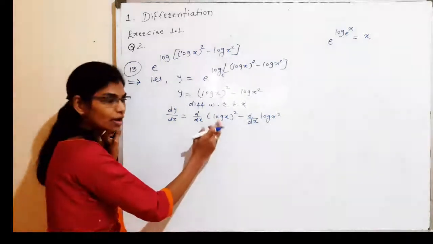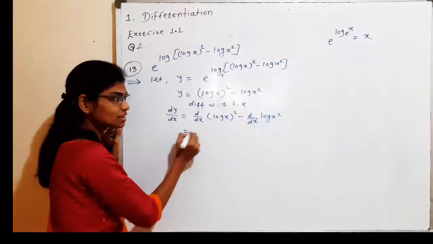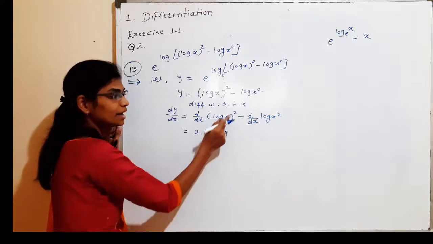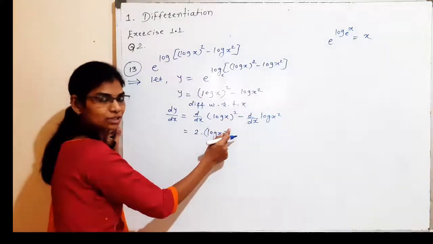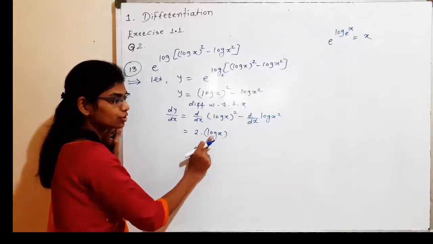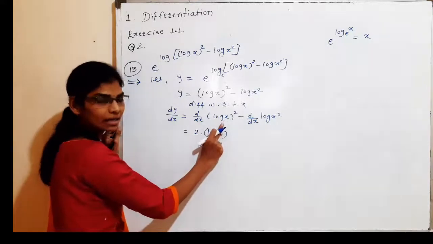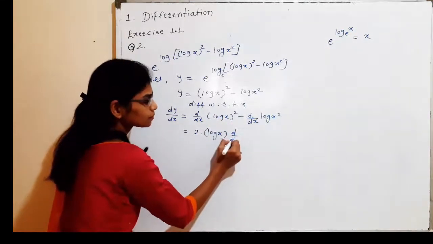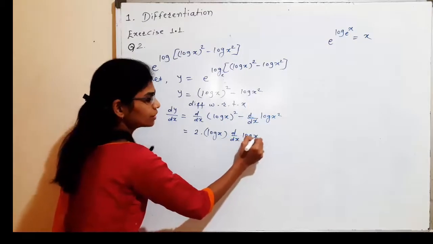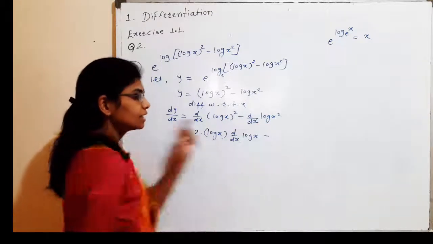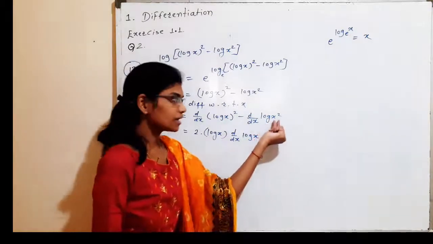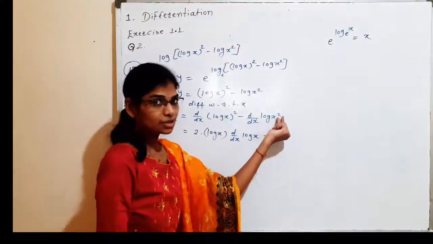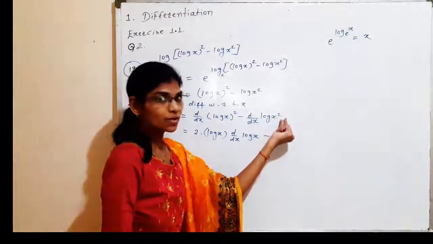So here we write its derivative as 2 multiplied by log x, index less by 1, it means 1 is there only, that is 2 into log x. Again here we have to take the derivative of log x, minus the derivative of log x square, log of x raised to 2.